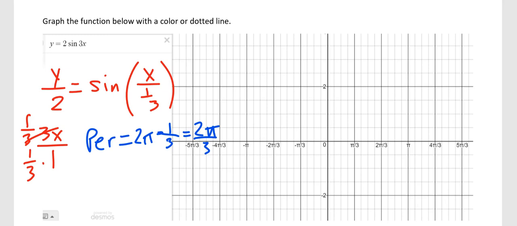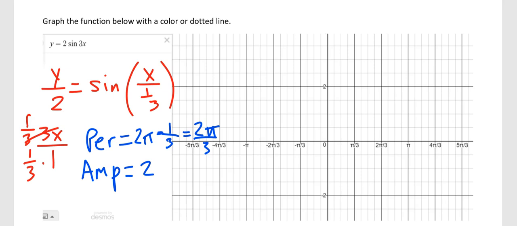Sorry, math humor. Okay. How about that amplitude? 2, right? We did a vertical stretch by 2. So horizontal shrink by 1/3, vertical stretch by 2. If I ever ask you again for the description, how is it related to the original sine function, hopefully you'll say those kind of things.